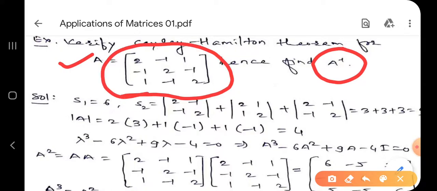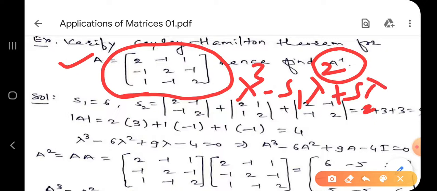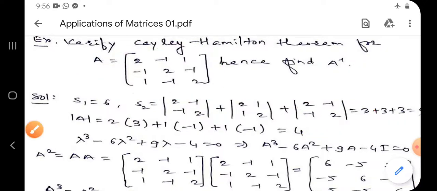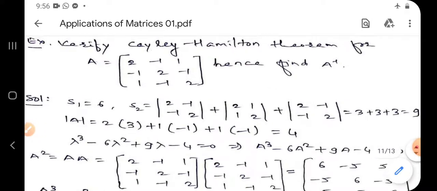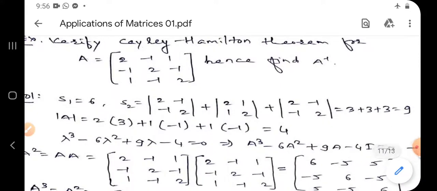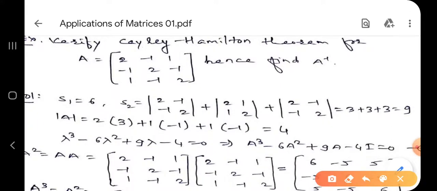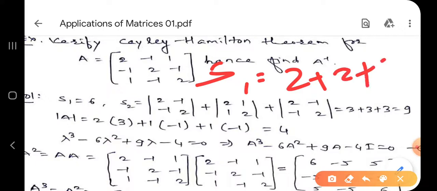For a 3 by 3 matrix, what is the characteristic equation? Lambda cube minus s1 lambda square plus s2 lambda minus determinant of A equal to 0. Correct? Now I require s1, s2, and the determinant, all values. So let us start. Here s1, sum of diagonal elements, is 2 plus 2 plus 2. Correct? Sum of diagonal elements. So I get 6.